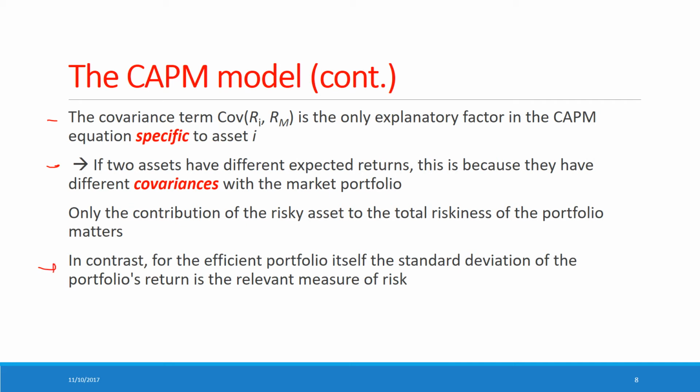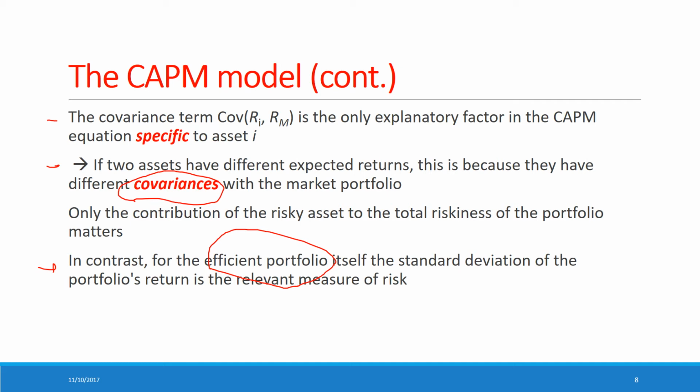This is in contrast to the efficient portfolio, right, or the efficient frontier, or the capital market line, in the sense that the capital market line uses standard deviation as the relevant measure of risk. The CAPM model uses the covariance, right, or the beta, or the standardized covariance, as the measure of risk.